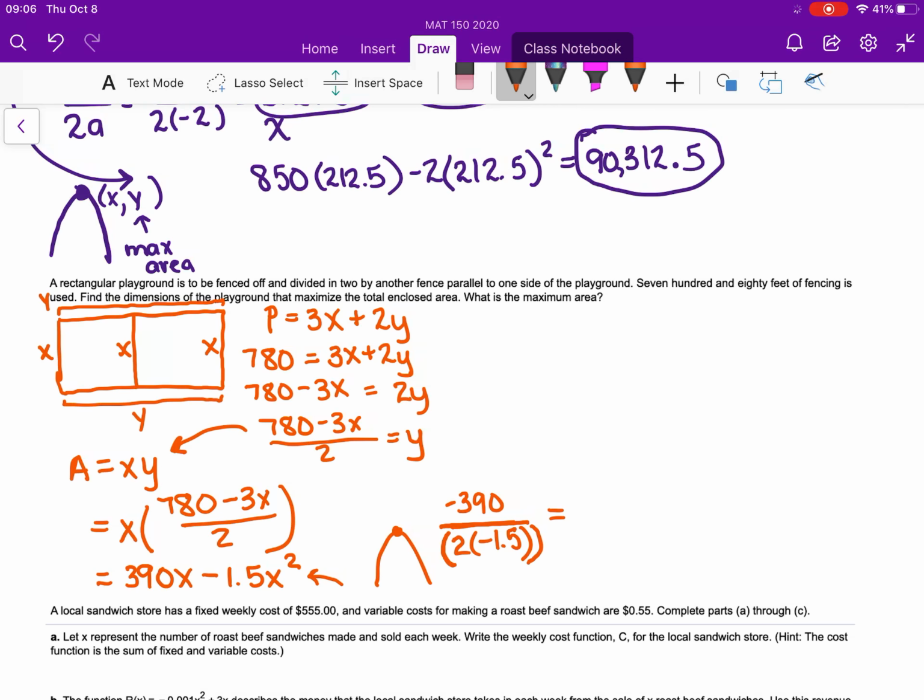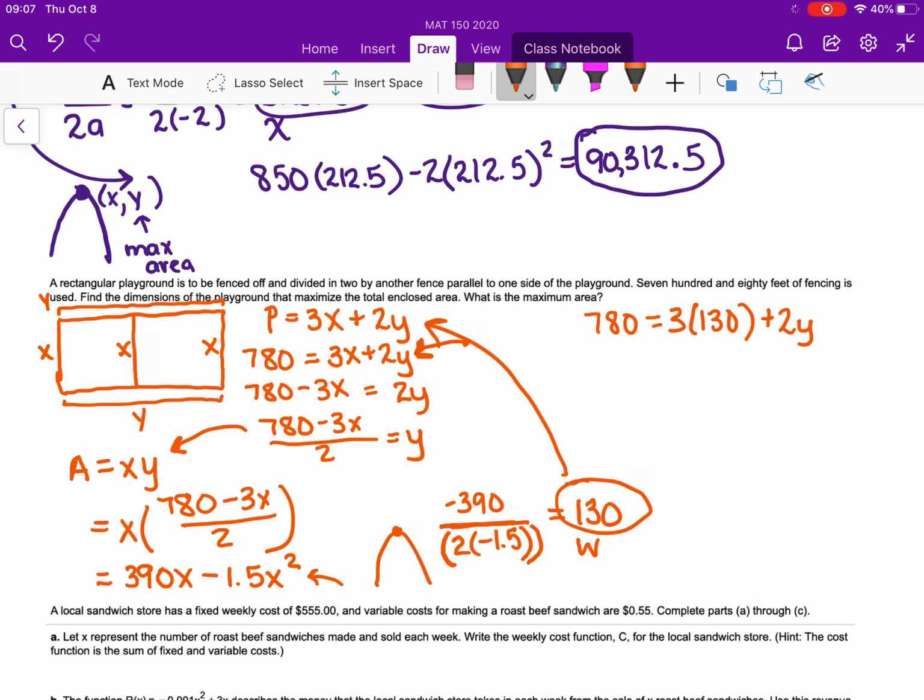Now, how would I find y? Well, I could substitute it back in to this equation. I would have 780 equals 3 times 130 plus 2 times y.